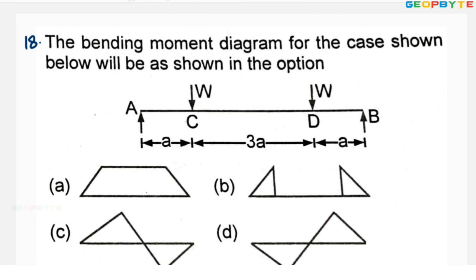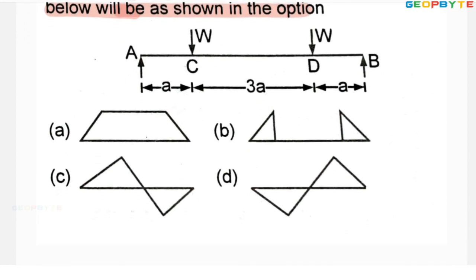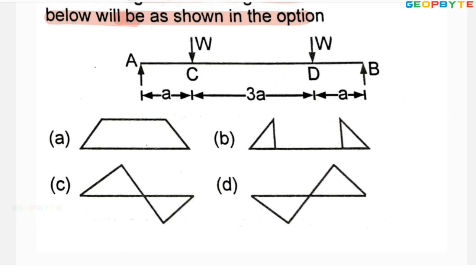Look at the problem. The bending moment diagram for the case shown below will be shown in the options. Look at the diagram. It is the simply supported beam with 2 point loads with equal distance. Then I can say RA equal to W, RB also equal to W, because equal loads are acting with equal distance.